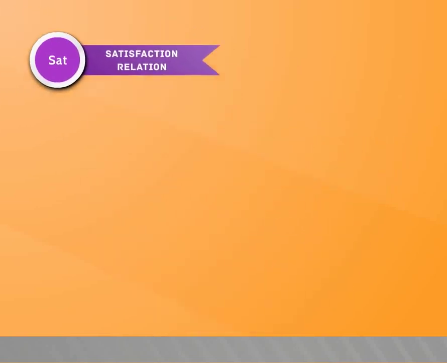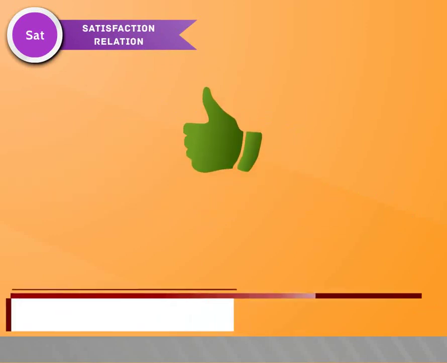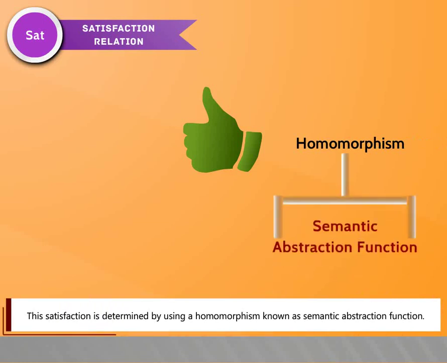Satisfaction relation. Given the model of a system, it is important to determine whether an element of the semantic domain satisfies the specifications. This satisfaction is determined by using a homomorphism known as the semantic abstraction function.